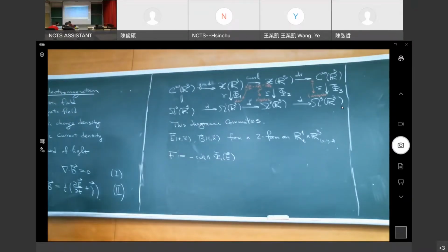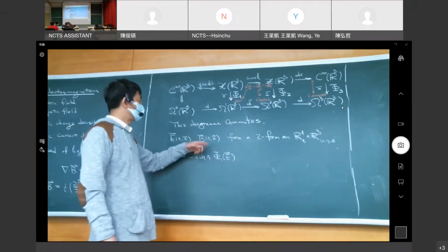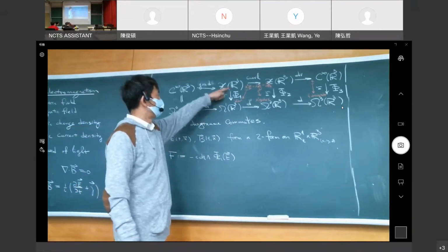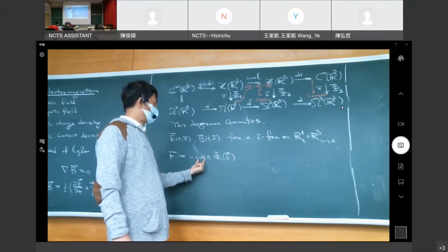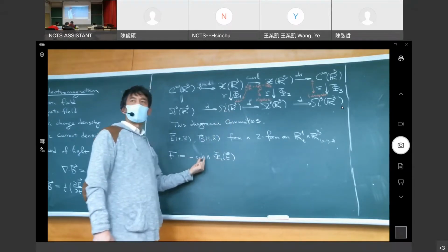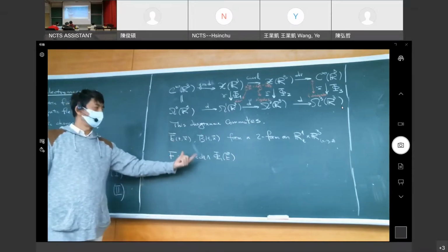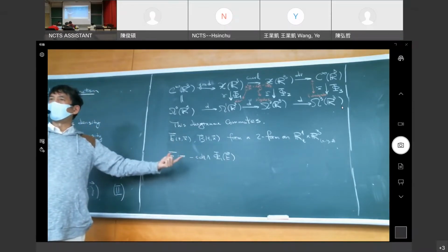E is, so forget about the time, E is a vector field on R3, so it defines a one-form on R3. And then in the fourth dimension, you wedge it with essentially dt. So that is already a two-form on R4.